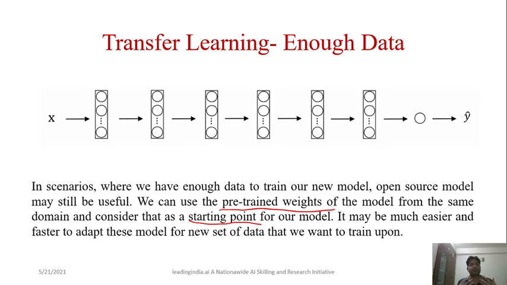Or you can use some open source tools as well to train your model, such as Google Colab or other open source tools that will help you solve these problems. And you can solve your own problem even if you do not have a huge supercomputer to train from scratch. So that's the beauty behind transfer learning.